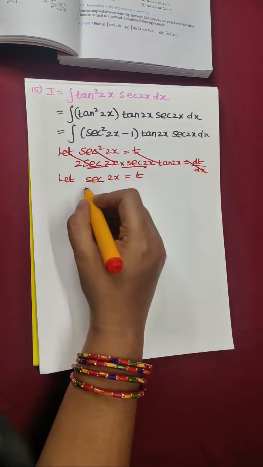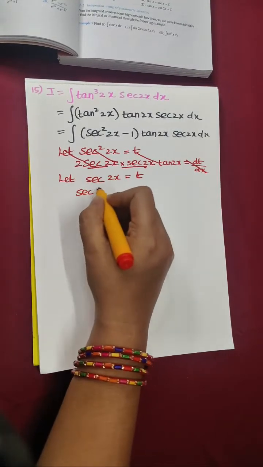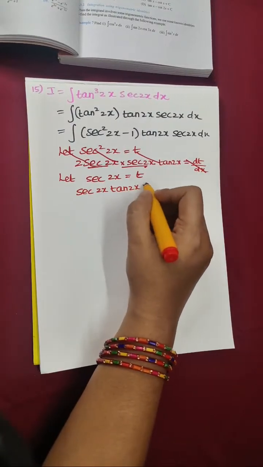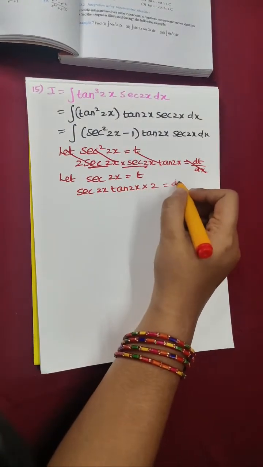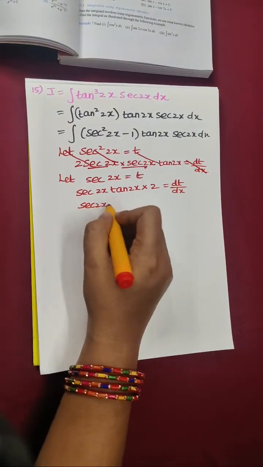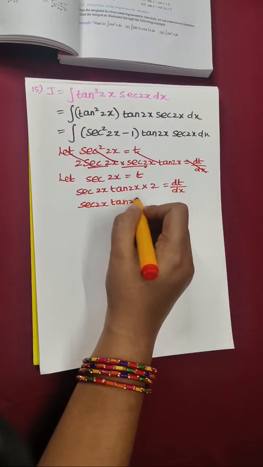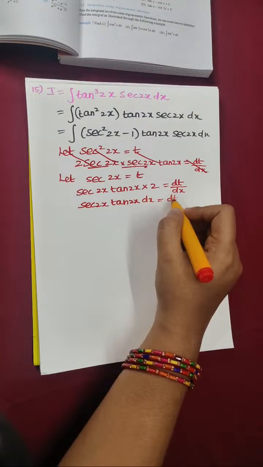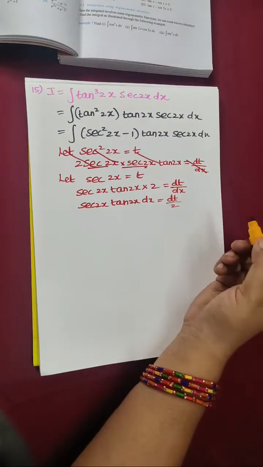So differentiation of secant 2x is secant 2x tan 2x, and differentiation of 2x is 2, equal to dt by dx. Therefore, secant 2x tan 2x into dx, taking the 2 to the right side, is dt by 2.